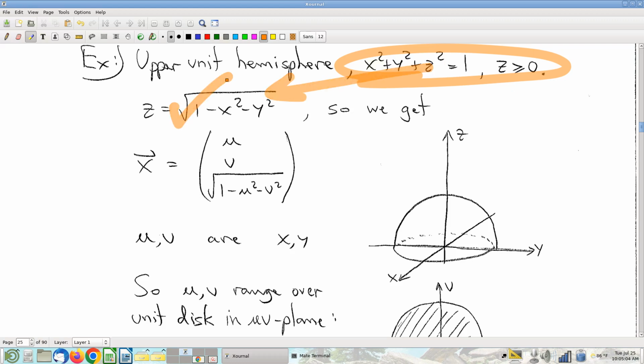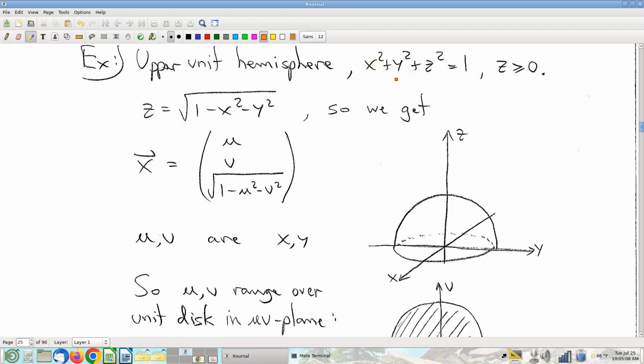Now I've got it written as a graph. So that was our step 1. Step 2, let the input variables, you'll notice are x and y in this case, be my parameters. So here I have x and y being u and v. And then it's all over but the shouting. Z has to be that.